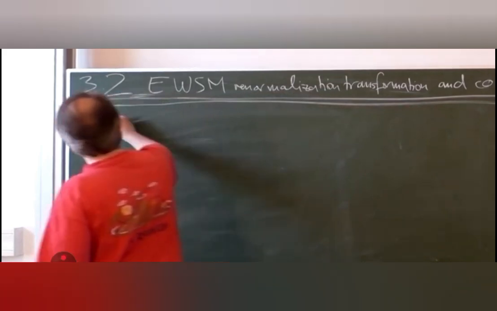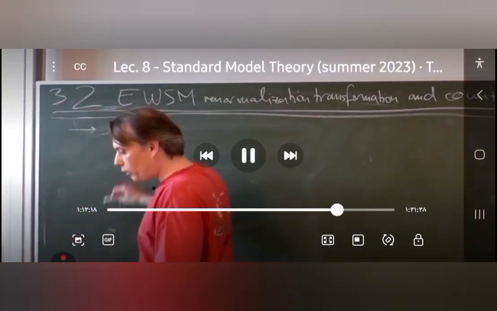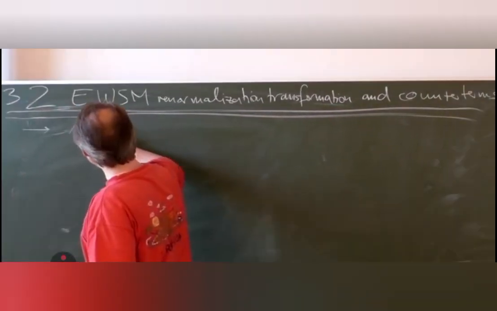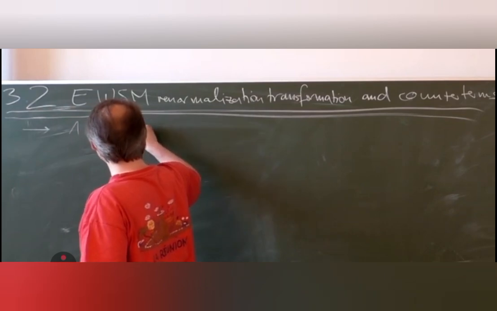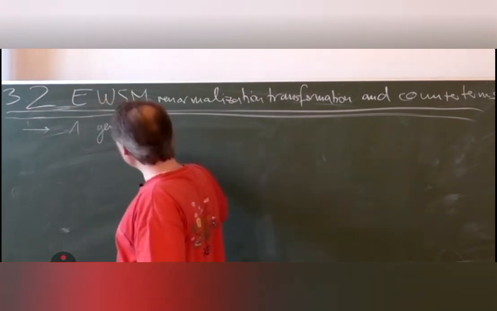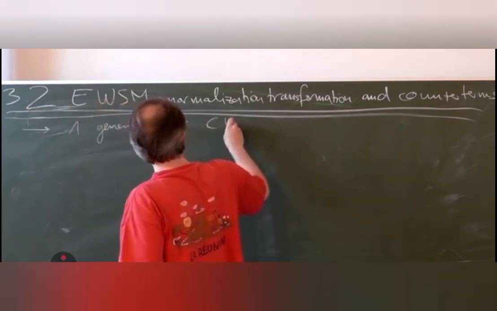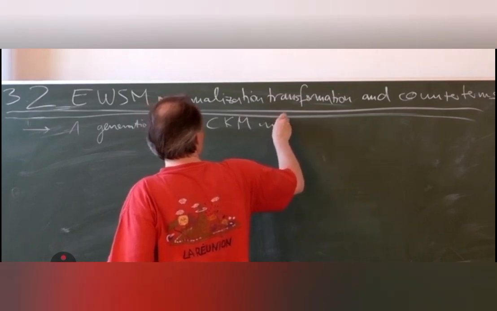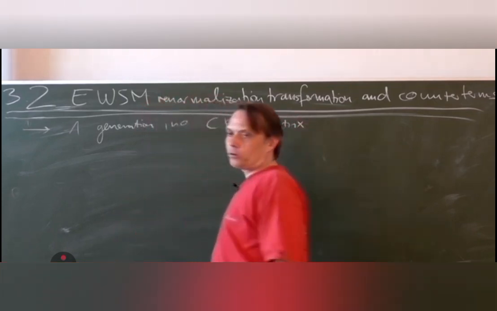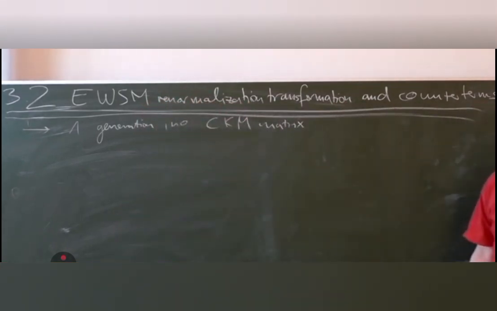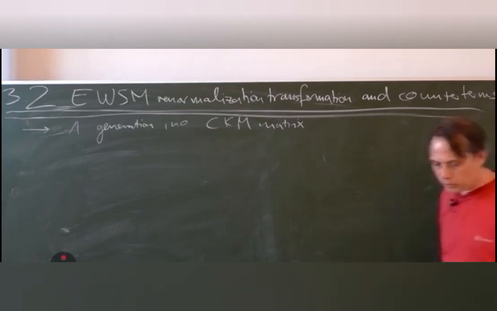And now let me do a simplification. We will discuss here only the case with one generation of fermions, and so there is no CKM matrix. Therefore, we do not have the task of also renormalizing the CKM matrix, which would be additional work.